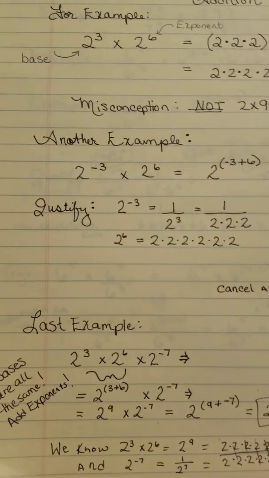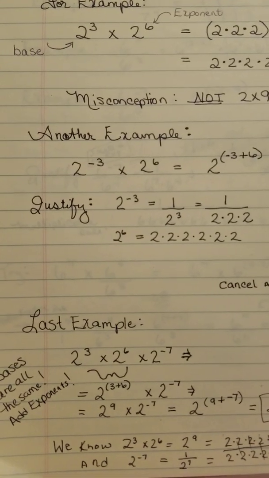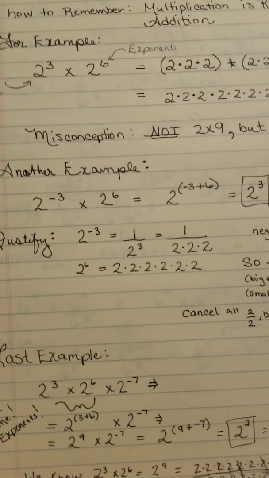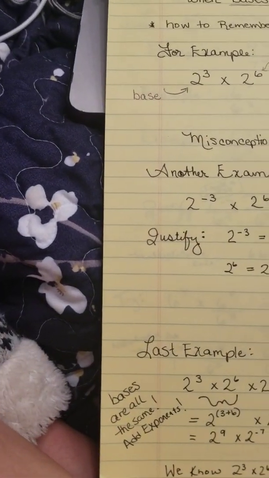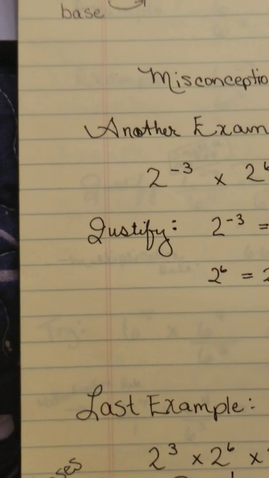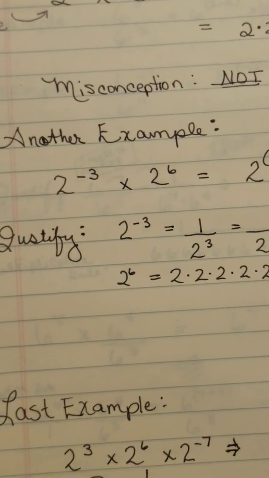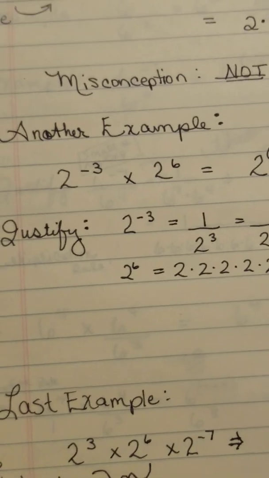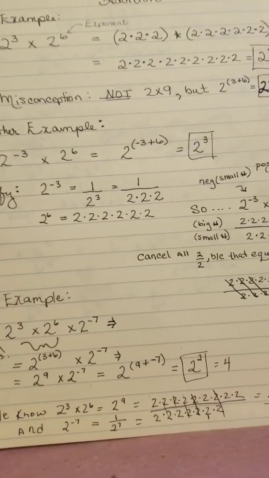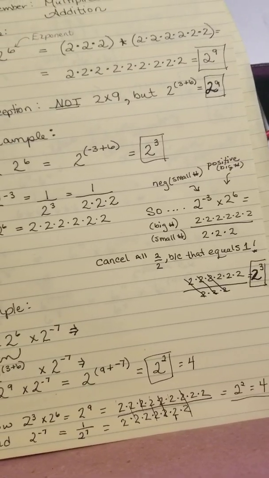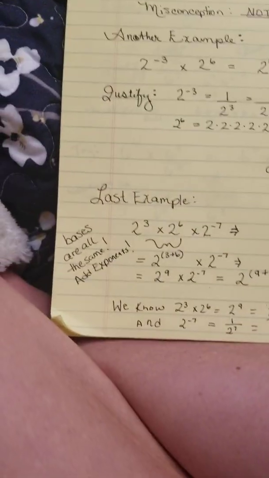So when bases are the same and you're multiplying, you can add your integer exponents. Or you can think about it in terms of the negative exponent being on the bottom and the positive exponent on the top, and you can cancel them out if you are unsure that you remembered your integer rules, because it's been a little bit of time.